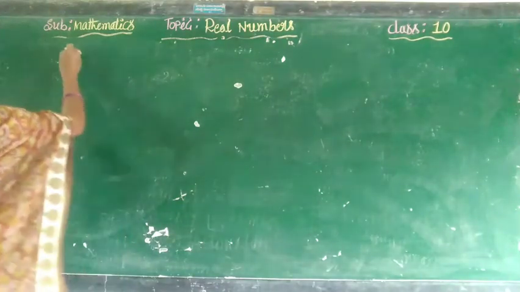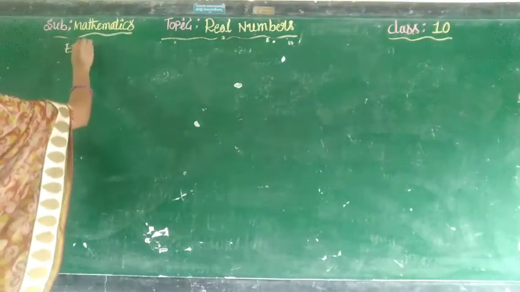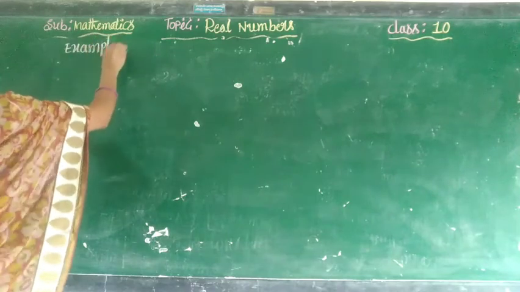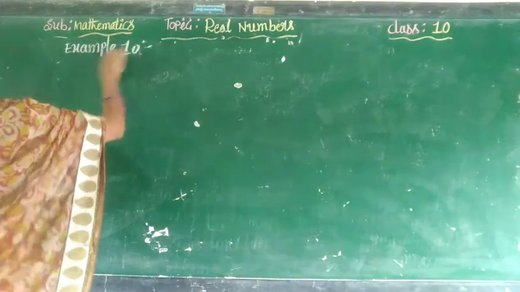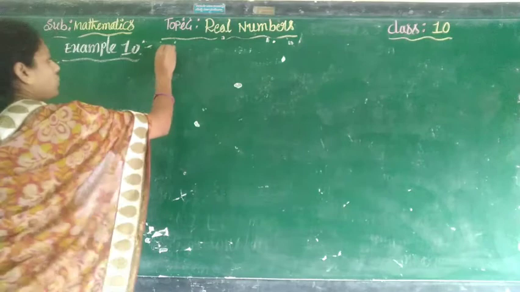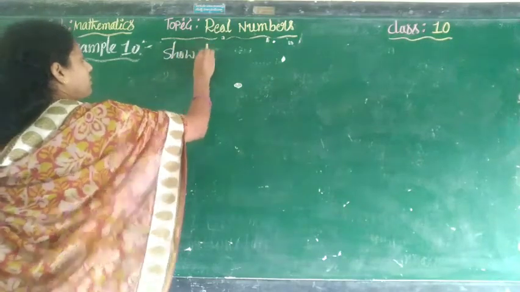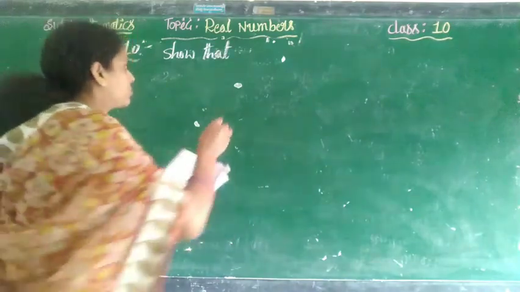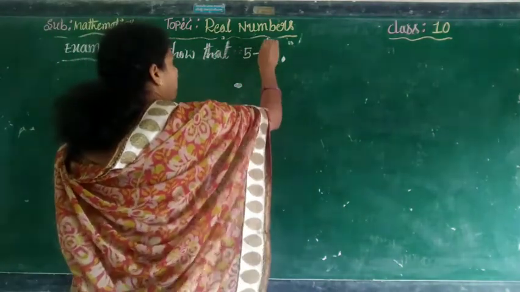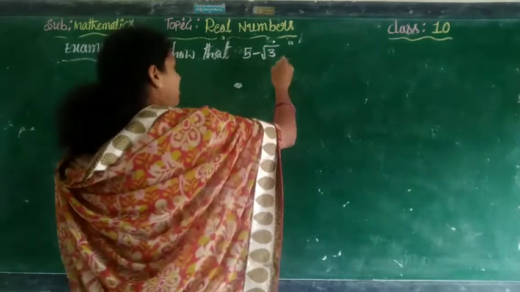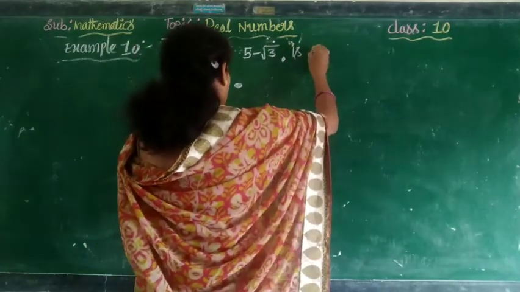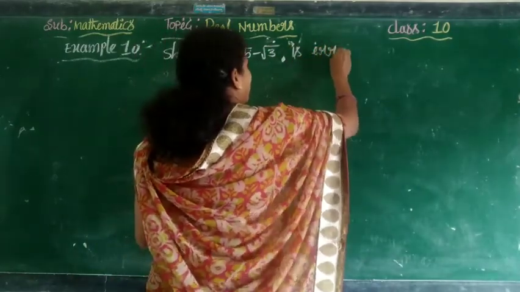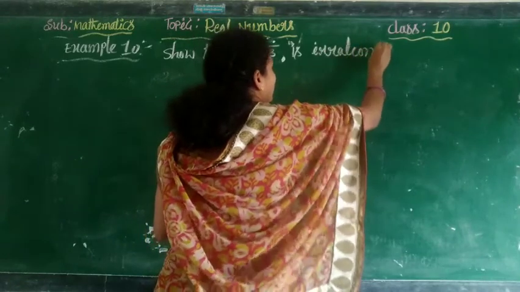Example 10. Show that 5 minus root 3 is an irrational number.